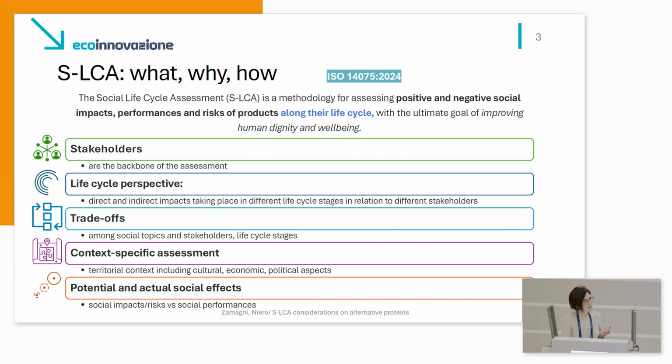But the development of the methodology dates back to the late 90s, when the first scholars started to investigate how the life cycle concept could be applied also to social dimensions. It is only around 2010, 2011 that we had the first guidelines for social life cycle assessment.